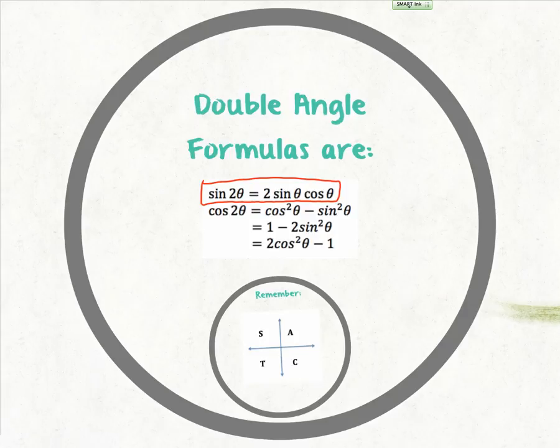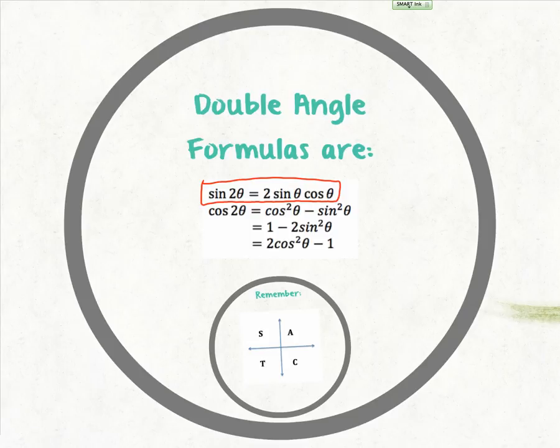For the double angle formula for cosine, there's actually 3 different versions of this formula. One version is cosine squared minus sine squared. That one comes up in the notes more than the other two. The other versions are 1 minus 2 sine squared and 2 times cosine squared minus 1.